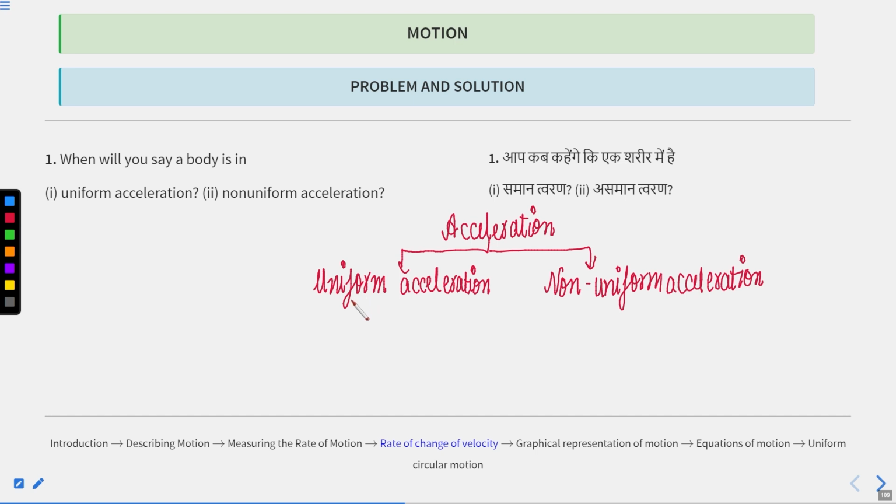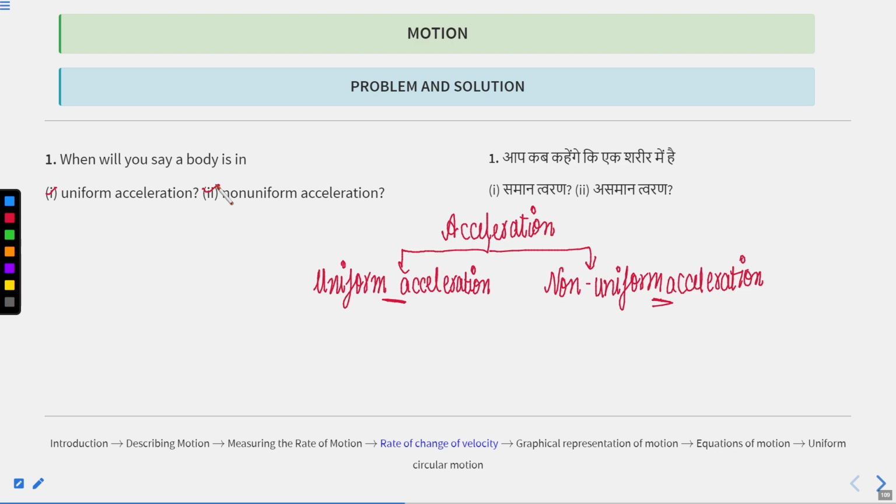Uniform acceleration is when velocity increases or decreases at the same rate in equal intervals of time, then that acceleration is said to be uniform acceleration. And when velocity increases or decreases unequally in equal intervals of time, then that acceleration is known as non-uniform acceleration. So we have to write those two definitions in these two questions.